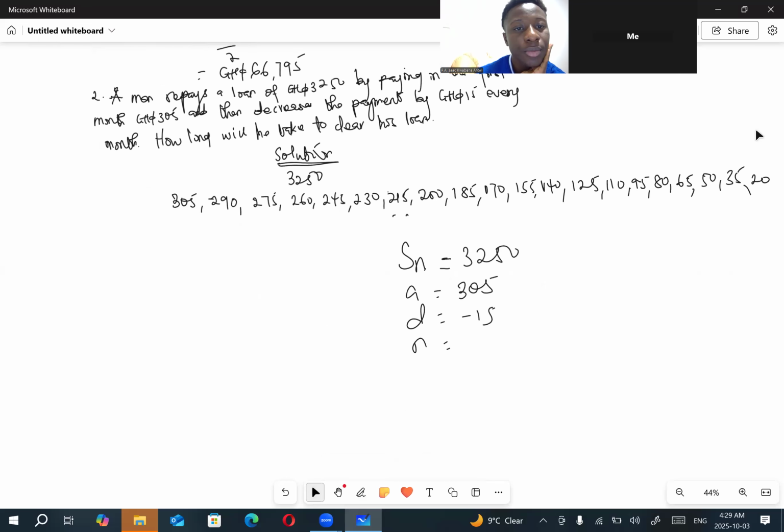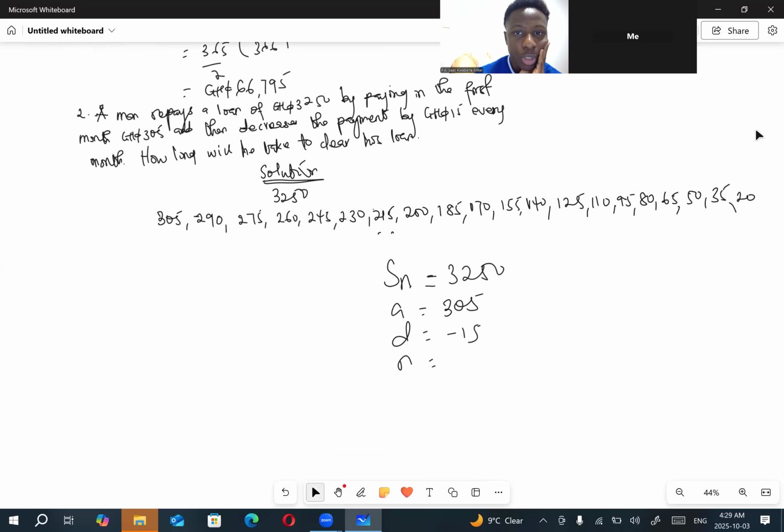So now let's see how we use formulas. They said a man repays a loan of 3250 by paying 305 in the first month. Can we use the Sn formula?